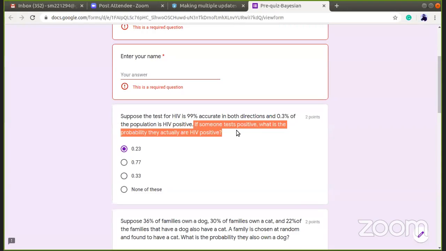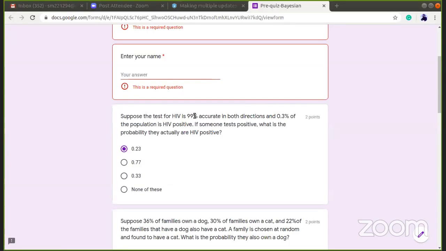So in this question, we can simply apply the Bayes rule: the probability that they are actually positive given that someone tests positive should be equal to 99% times 0.3% divided by 99% times 0.3% plus 1% times 99.7%. Of course, percent means you have to divide by 100. So I think you might be getting this answer, which was the right answer.